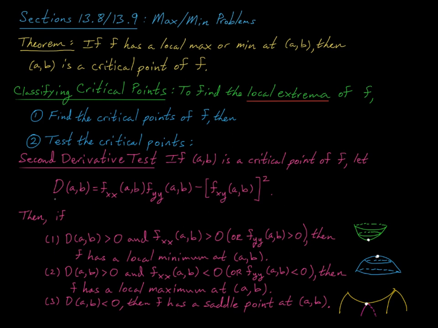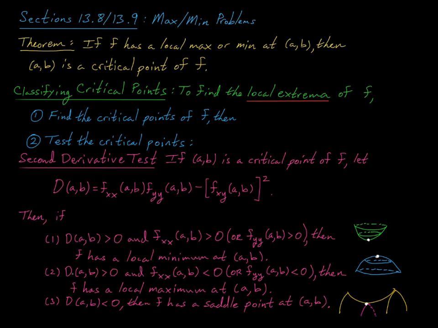Now it turns out that if this quantity D is positive, and the xx derivative of f at (a, b) is also positive, or the yy derivative of f at (a, b) is positive, so either or, then f has a local minimum at (a, b). Remember, the xx derivative of f measures the concavity of our surface in the x direction. So here at (a, b), we're saying we have positive concavity in the x direction. This would say we have positive concavity in the y direction. That's implying that we have a local minimum.